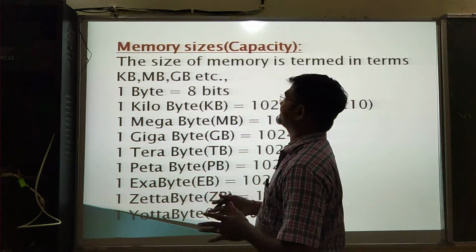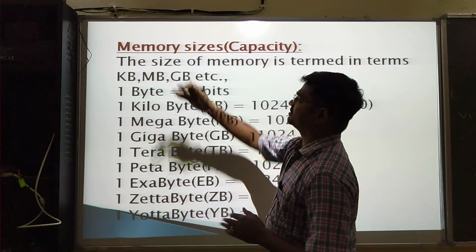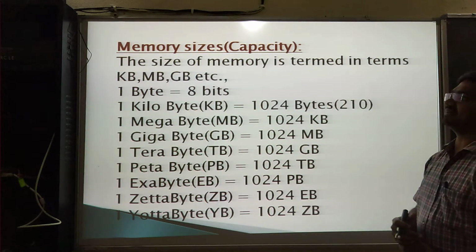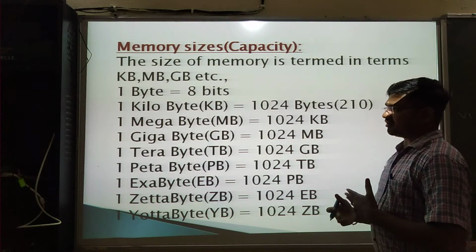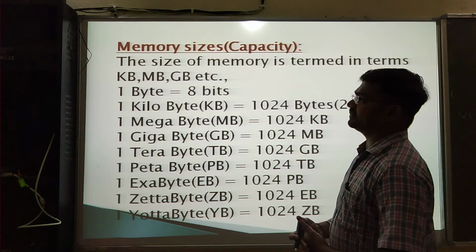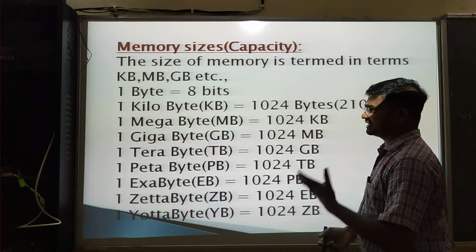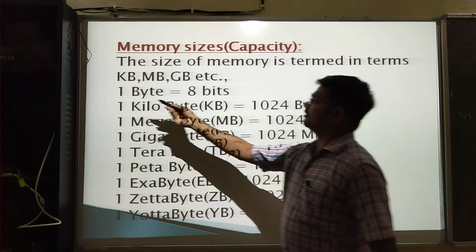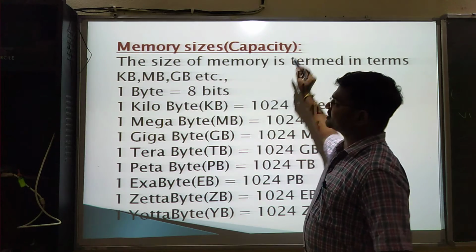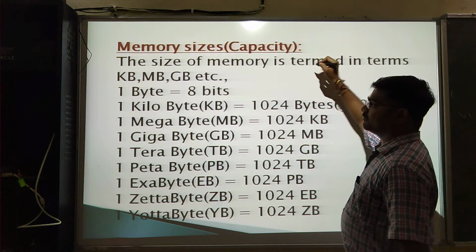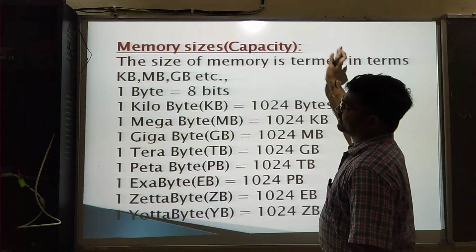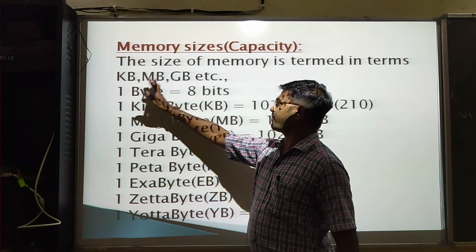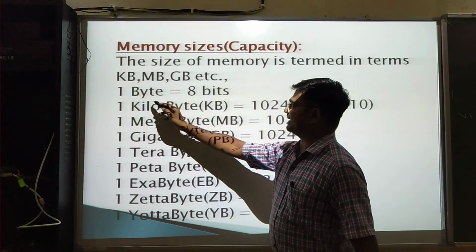The size of memory is measured in terms of KB, MB, GB, etc. So how do we calculate memory in computers or electronic devices? 8 bits equal 1 byte.